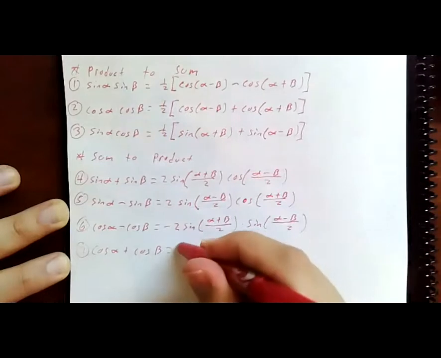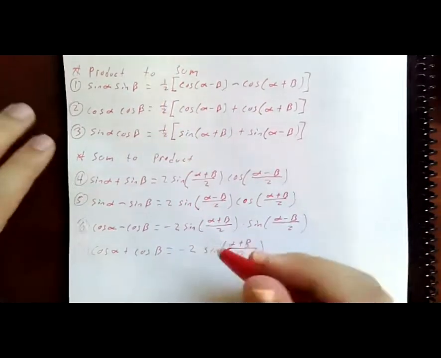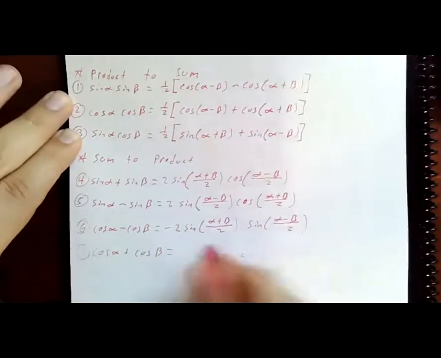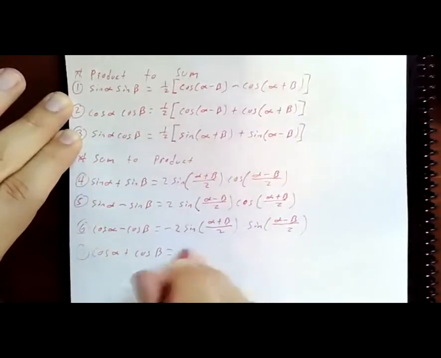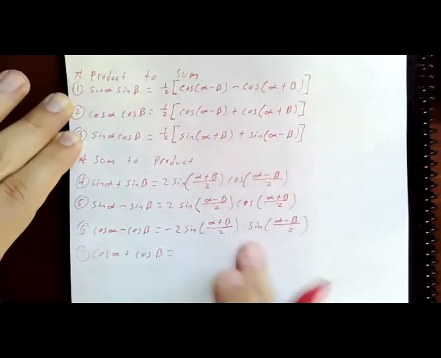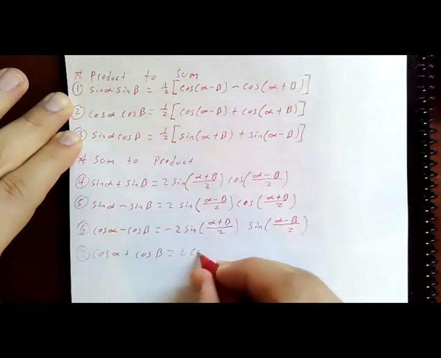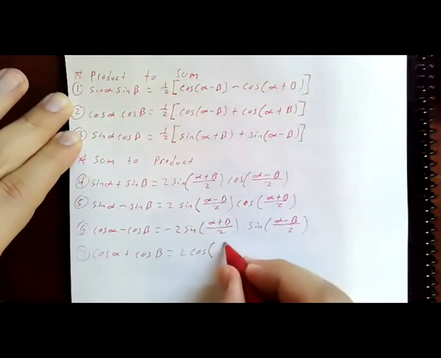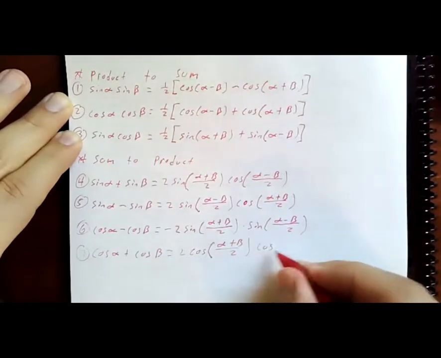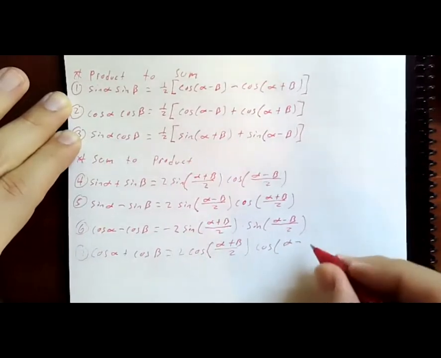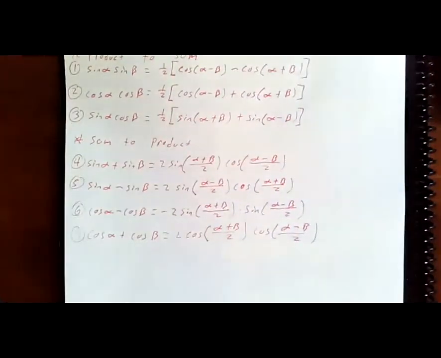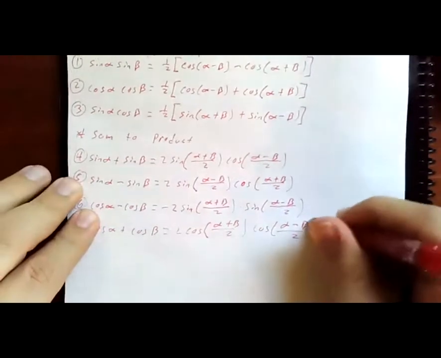No, sorry, this is plus. Two cosine of alpha plus beta over 2 times cosine of alpha minus beta over 2. There we go. Sorry. It's throwing me off a little bit. I don't know why I wrote that so ugly though.